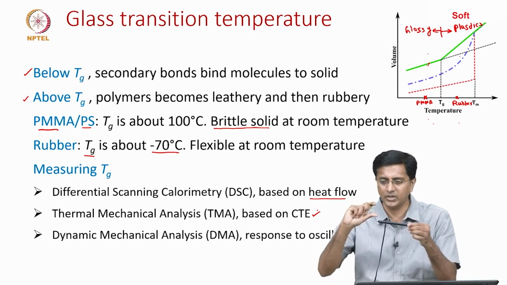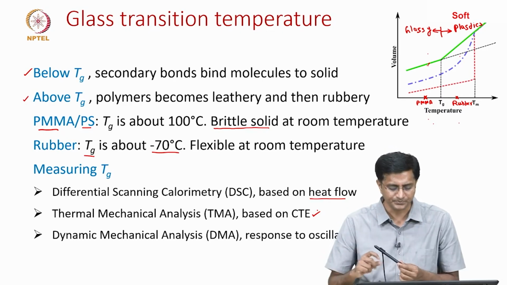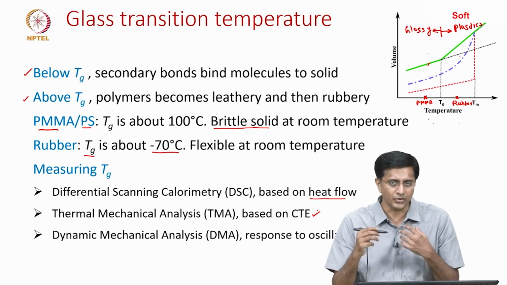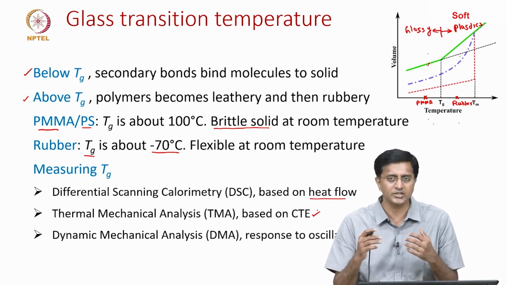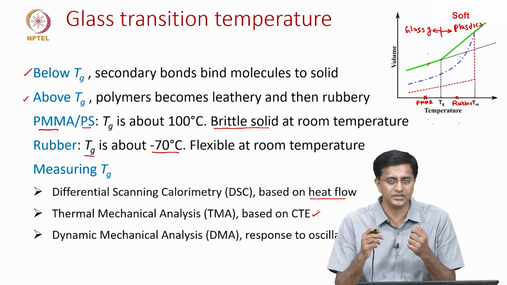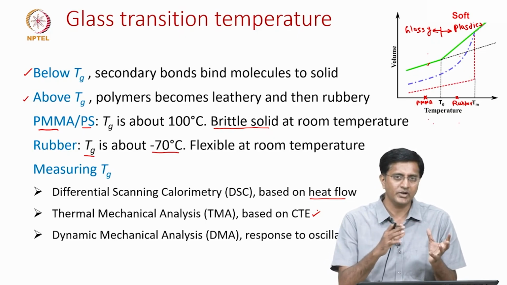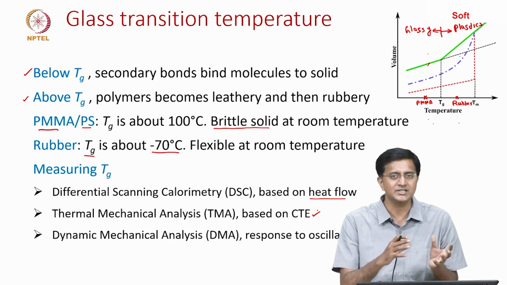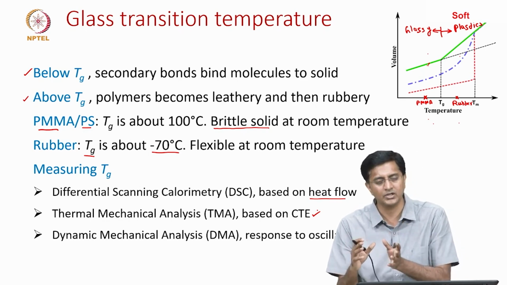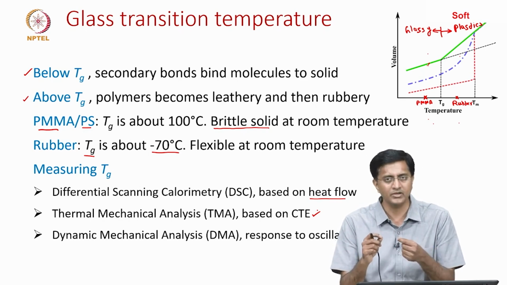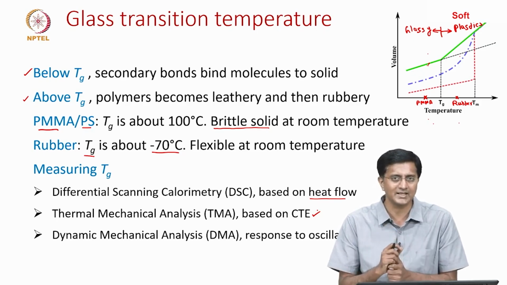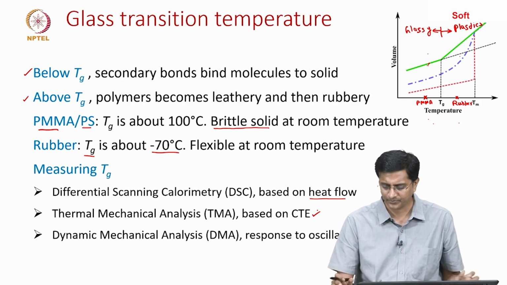This is oscillating, meaning you go into tension, compression, and tension again. During this we are also measuring the loads or stresses. The way it behaves in the glassy state is different from the way it behaves above Tg. So, from that we should be able to find out the glass transition temperature.